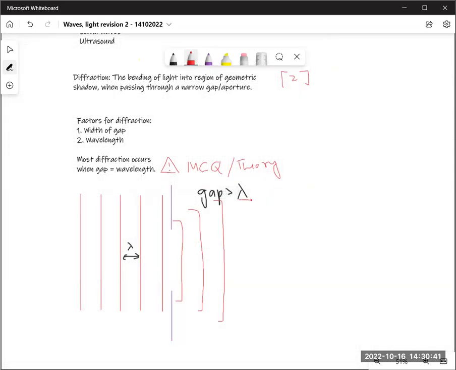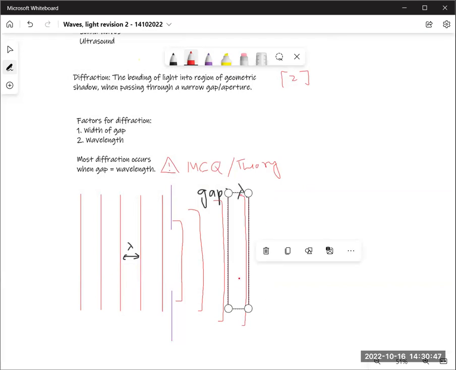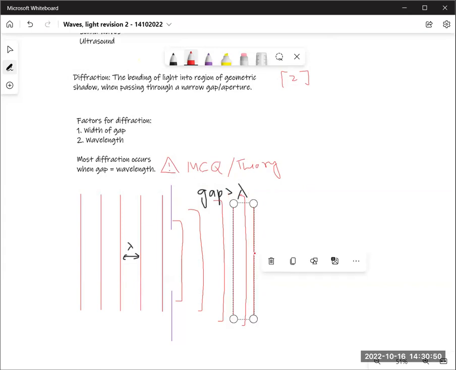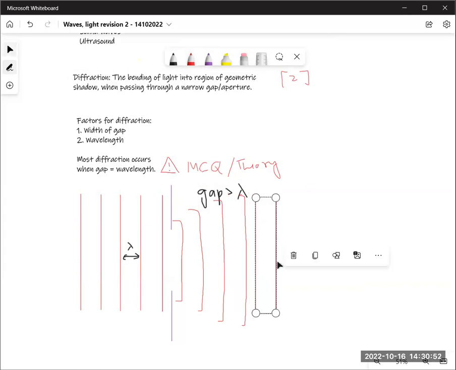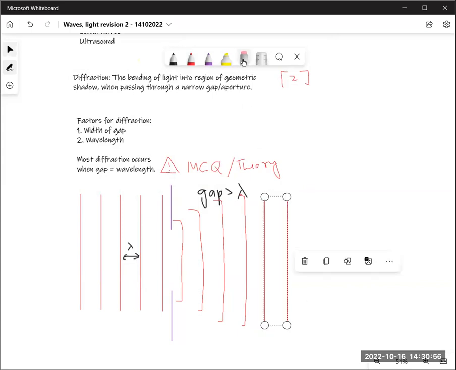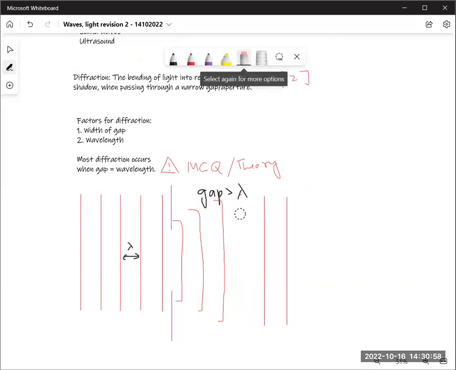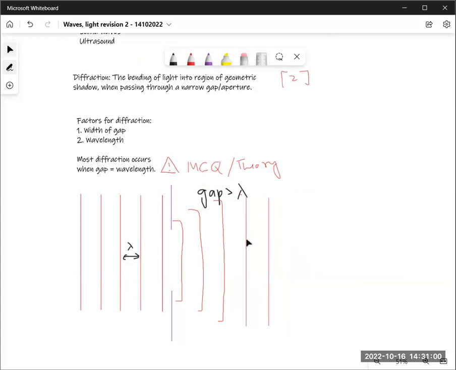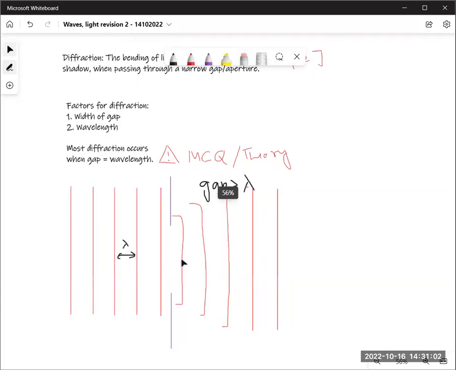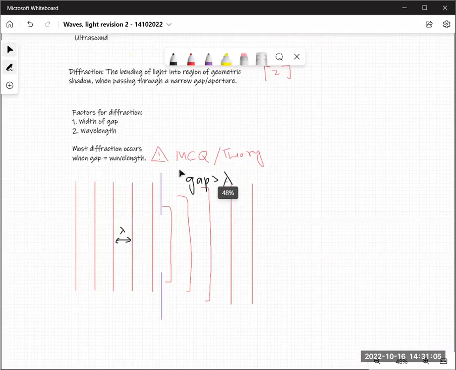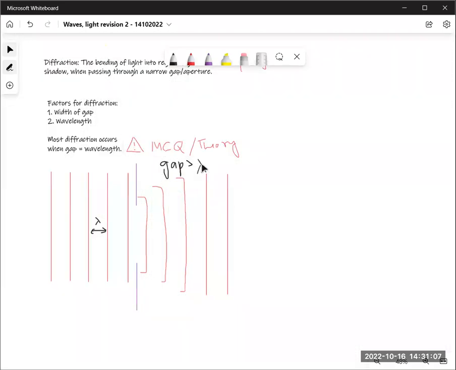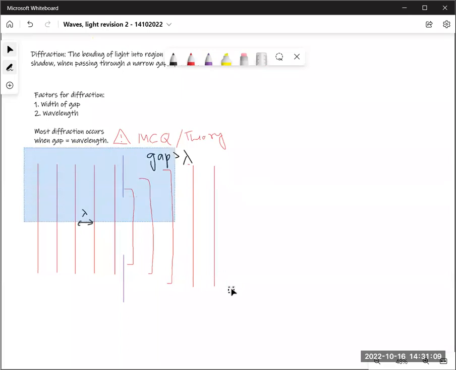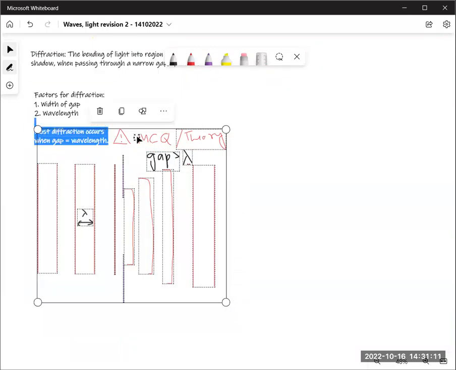And then it continues going at the same height, and it becomes straight. That is what happens. In this case, we realize that the bending or the curving of the wave is not that much. It's almost flat. Now, what happens if I take a gap which is even smaller? Let's look at that. Please make these diagrams in your notebook.